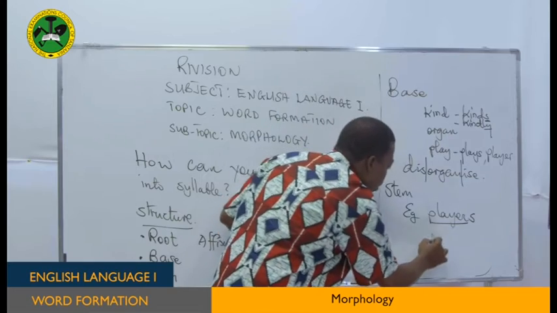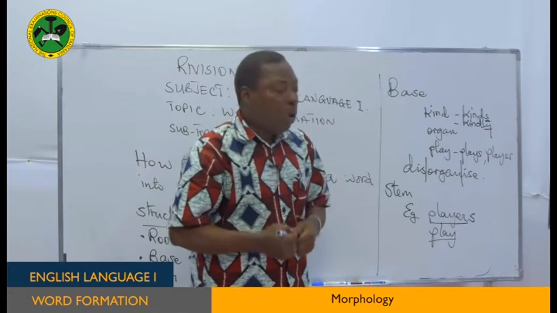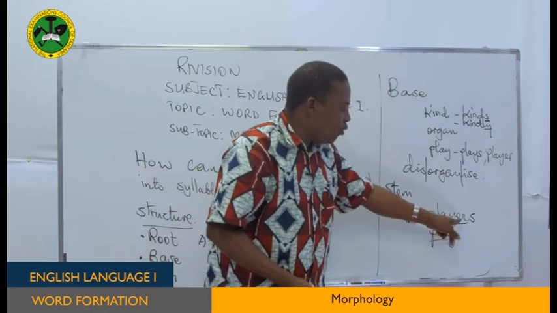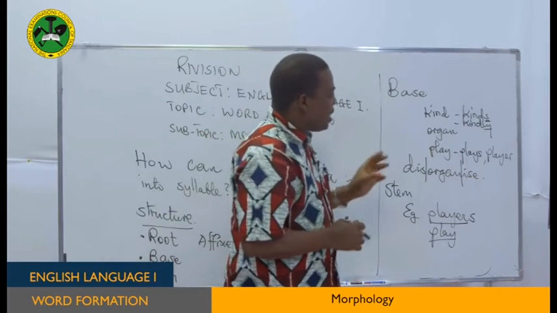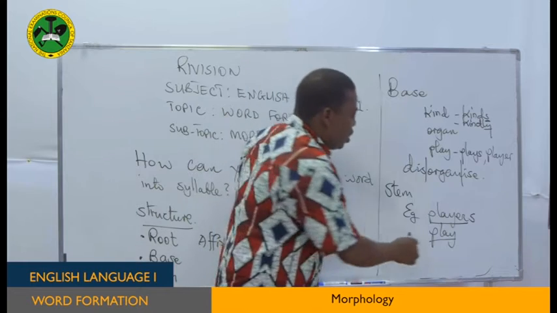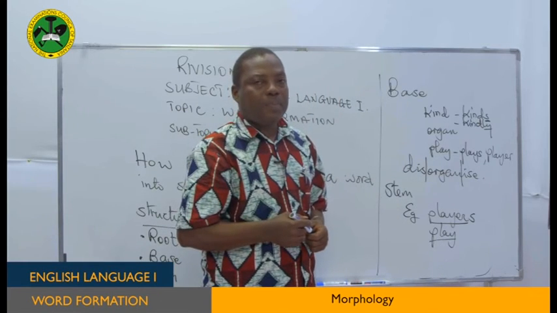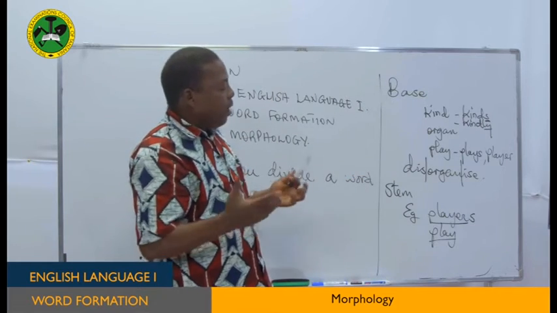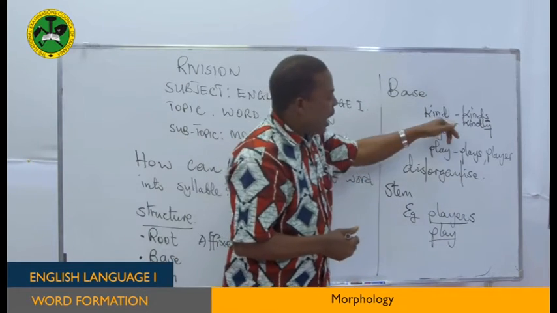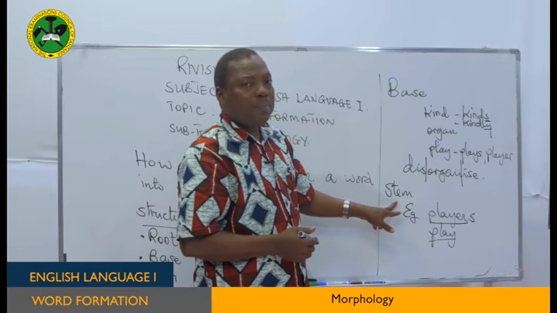We failed to call the word play a stem only because it has the possibility of accepting the ER. Once a word has that possibility, it is referred to as a base. So, if we think about other examples like the word kind, is the word kind a stem?